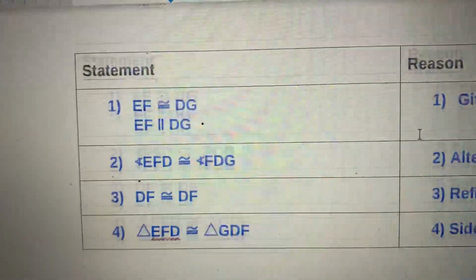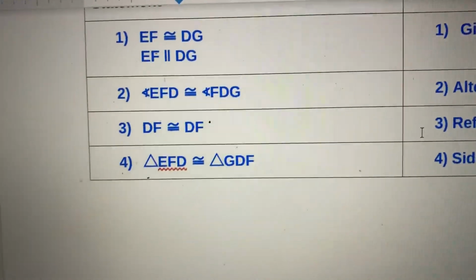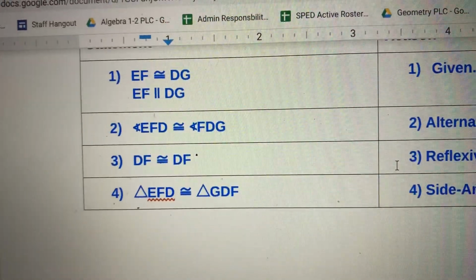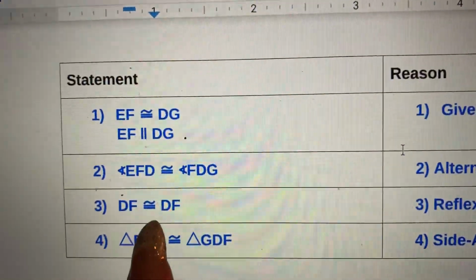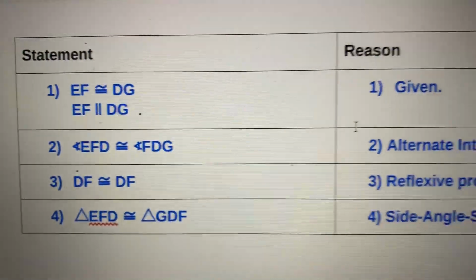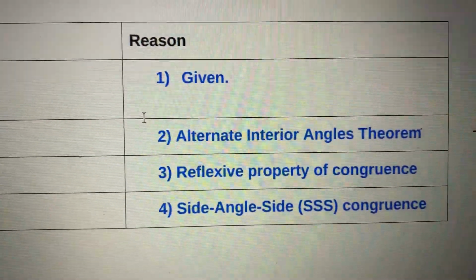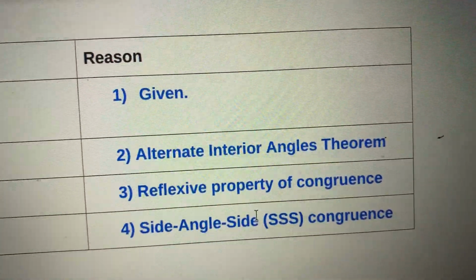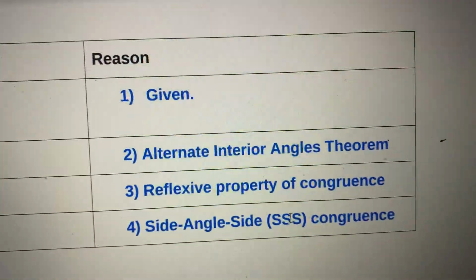That has to always be your last statement. So under the statement column, that's going to be your last statement, and the reason that we know that is because of side, angle, side. Oops, I just realized that I had a typo. That should be an A.